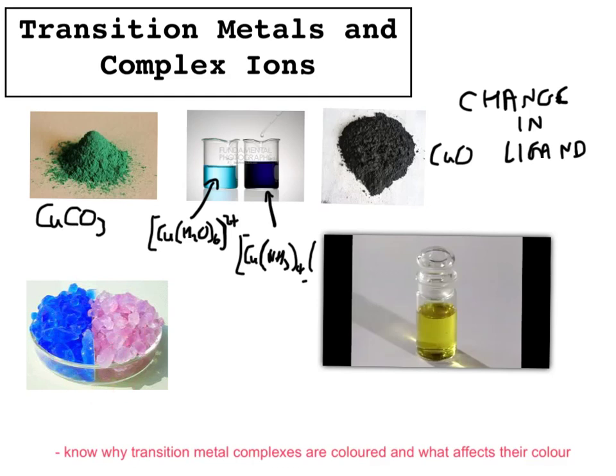Down here, in this picture, we have 2 different complexes. One of them is blue, one of them is pink. This blue one is cobalt chloride, and this pink one is the cobalt hexaaqua complex.